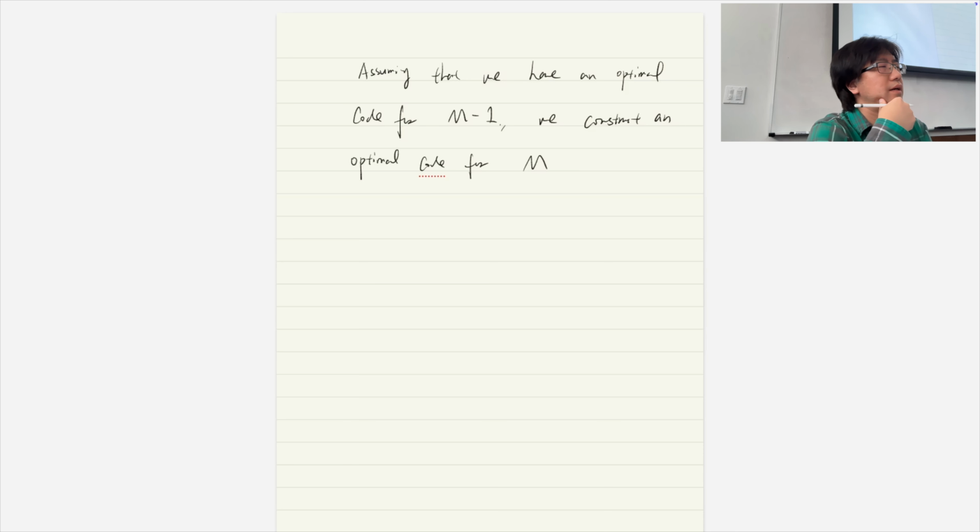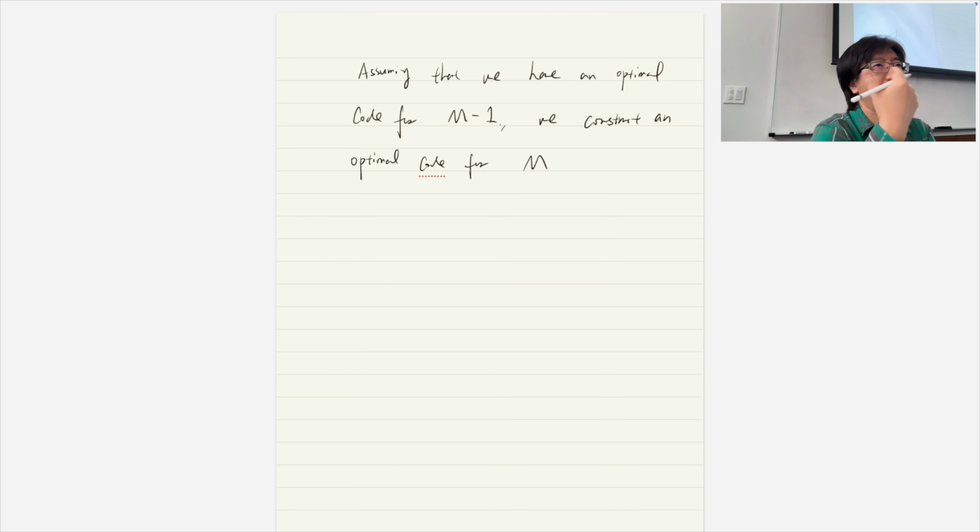Is that obvious? Or how can we construct it? If we have an optimal code for m minus 1, how can we get a code for m that is optimal?